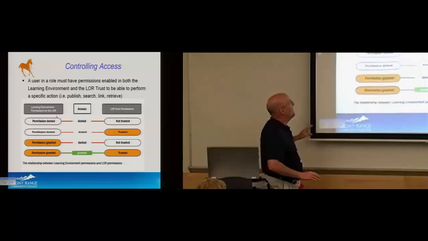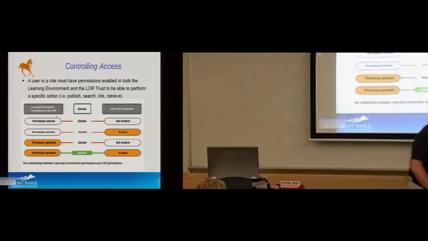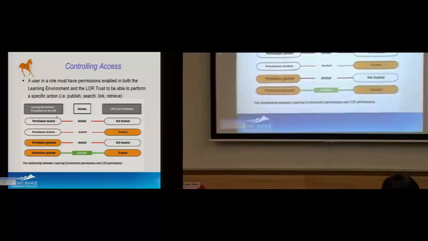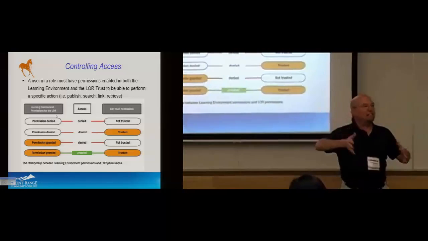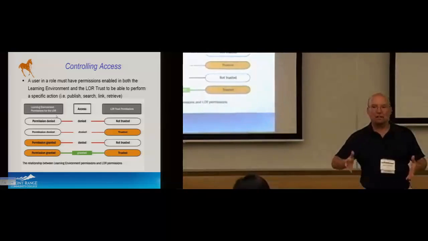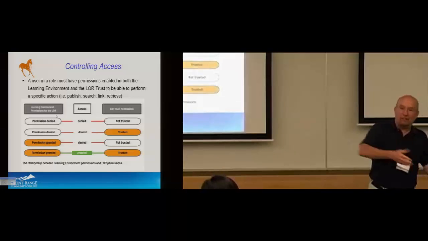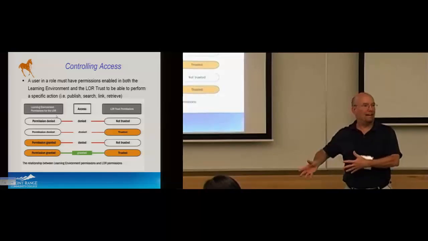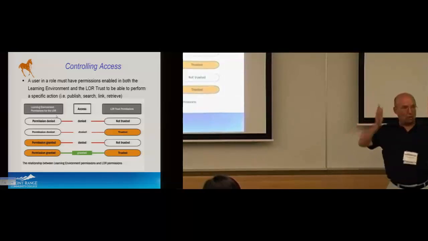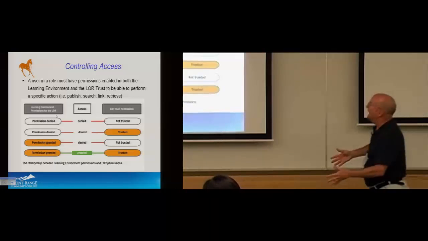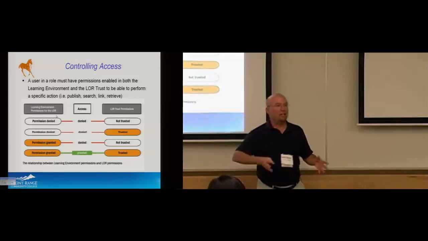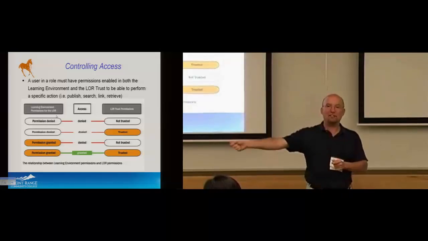Okay, this is something that is a little tricky at first, but there's a logic to this. Everybody in Desire2Learn is logged in at the moment in a role. You're a teacher, you're a student, you're a high-powered teacher, you're an online lead. These are the roles we've defined. But at any given moment, you have a role. Now, you also have designated permissions relative to these repositories.